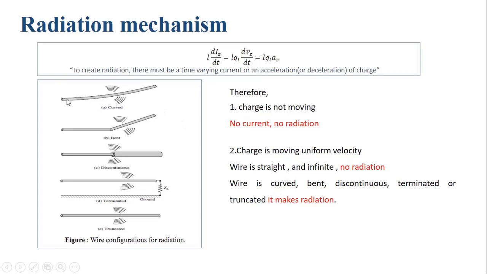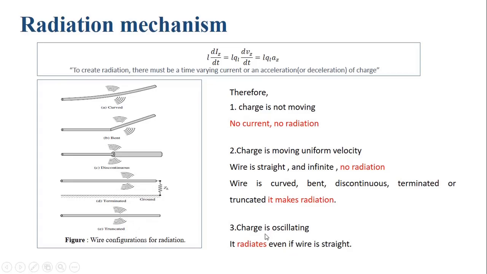Now if the charge is moving with a uniform velocity, at this curved part or at these bends, the electrons strike and they gain acceleration. So likewise, wire configurations which have a curved shape, bends, or any discontinuities, if they are terminated or truncated, the radiation will take place.